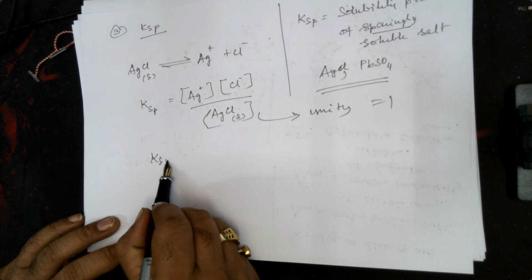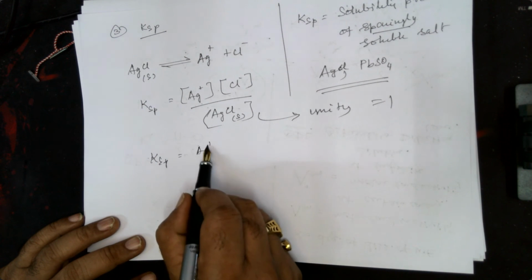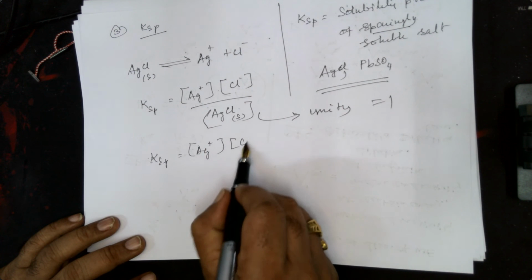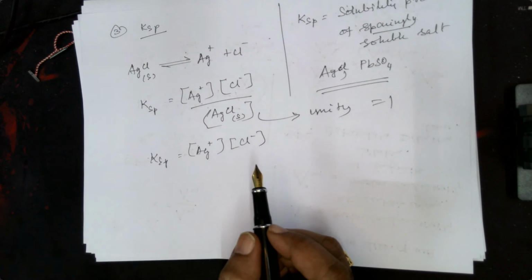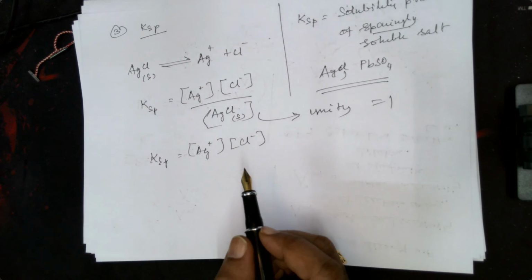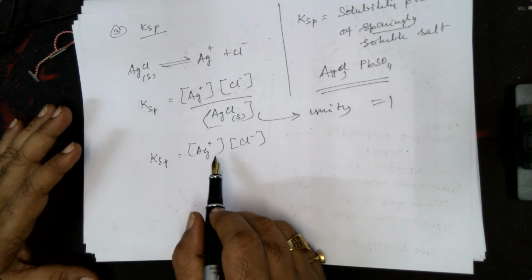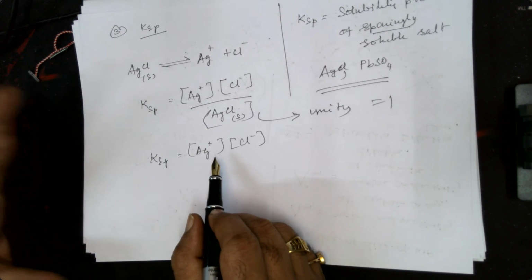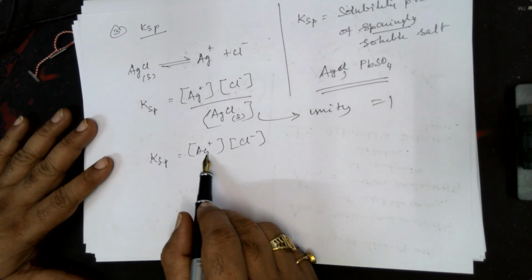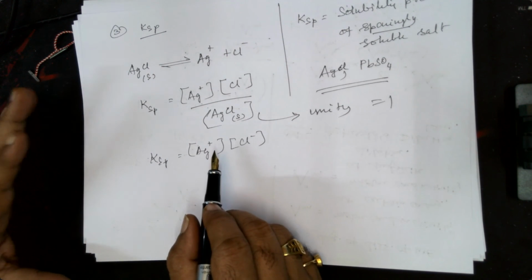Therefore KSP is equal to Ag plus into Cl minus. In fact the concentration of Ag plus will be simply C or S, so you can call it C mole per liter.